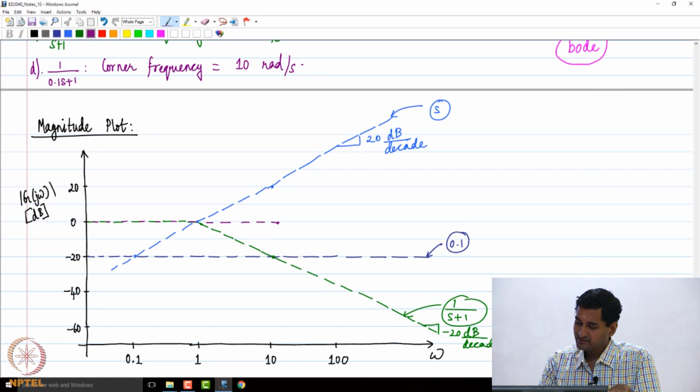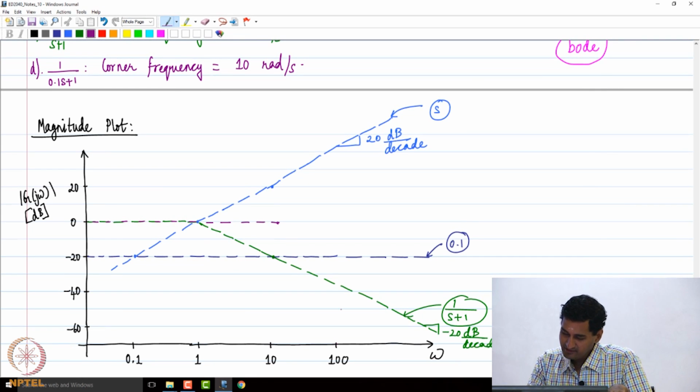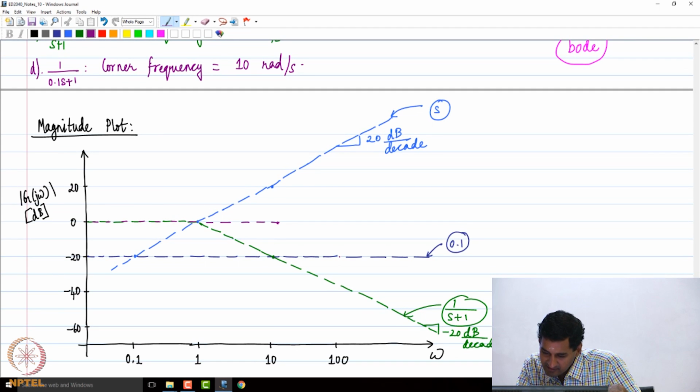How can I do that? At 10 radians per second, the value is 0 decibels. If I want a slope of minus 20 decibels per decade, what is the frequency? 1 decade above 10, that is 100. At that frequency, I should have a value of minus 20. So at 100, I mark minus 20 as my magnitude.